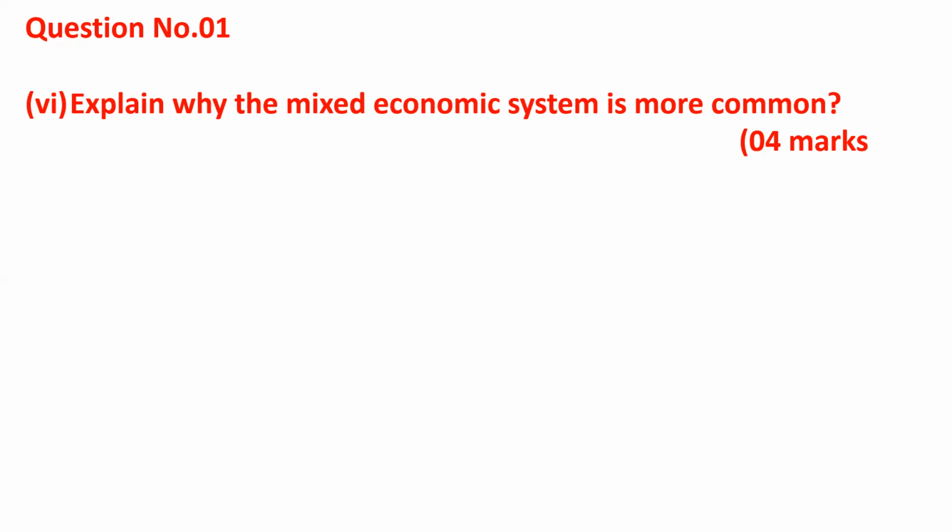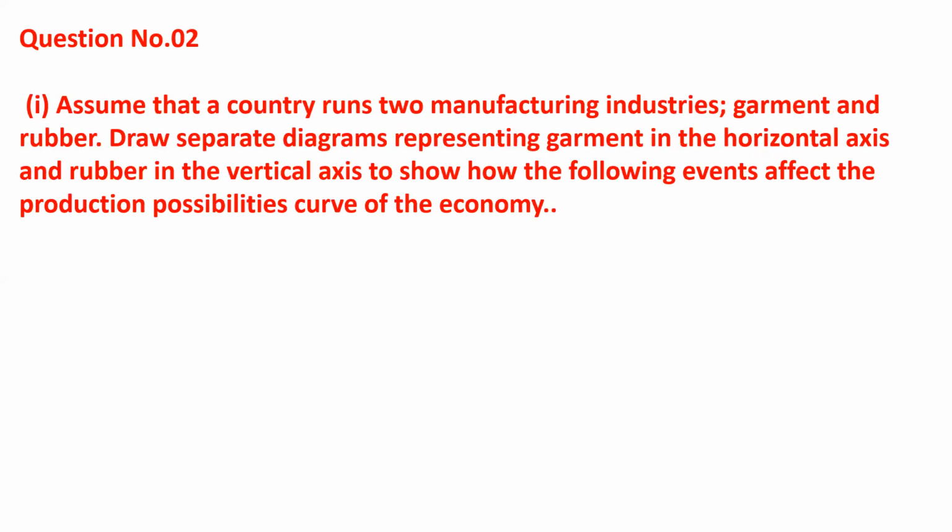Okay? Right. Question number 2. So PPC question part 1. Look at the question. Assume that a country runs 2 manufacturing industries, garment and rubber. Draw separate diagrams, representing garment on the horizontal axis and rubber on the vertical axis, to show how the following events affect the production possibility curve. Here, the question asks to show just the diagrams only.